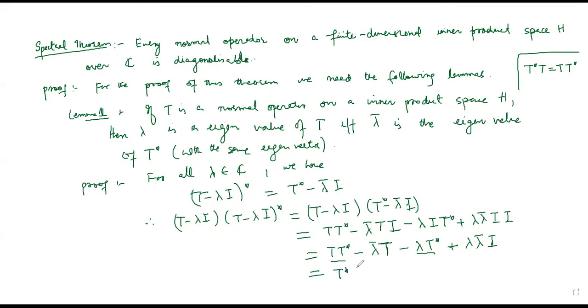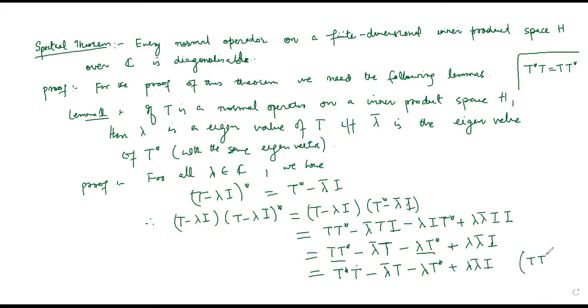I will get T star. चलो बजाय ऐसे लिखने के, नहीं पहले मैं इसको लिख ही देता हूँ. मैं इसको लिखता हूँ T star T minus lambda bar T, या तो यहाँ मैं फ्लिप करूँगा minus lambda T star, plus lambda bar I. I have used that T is normal.